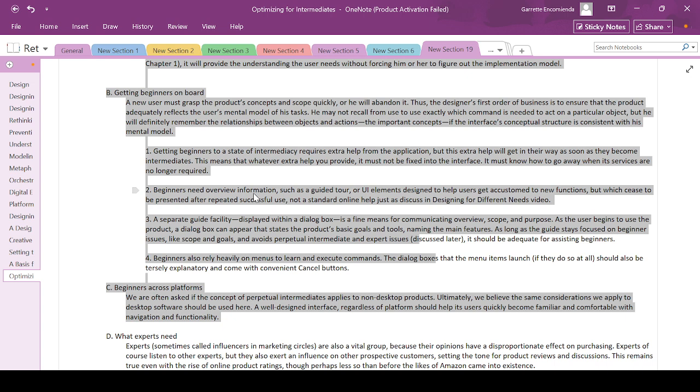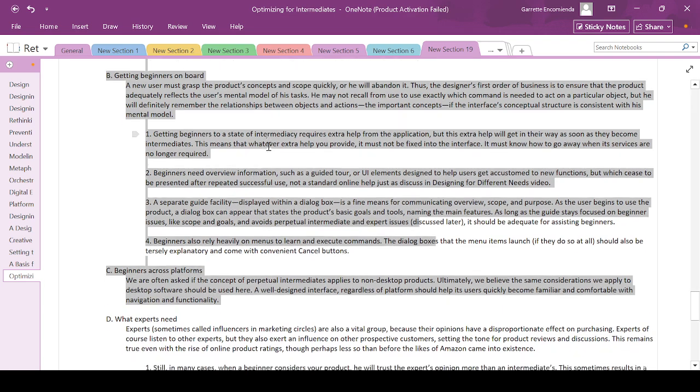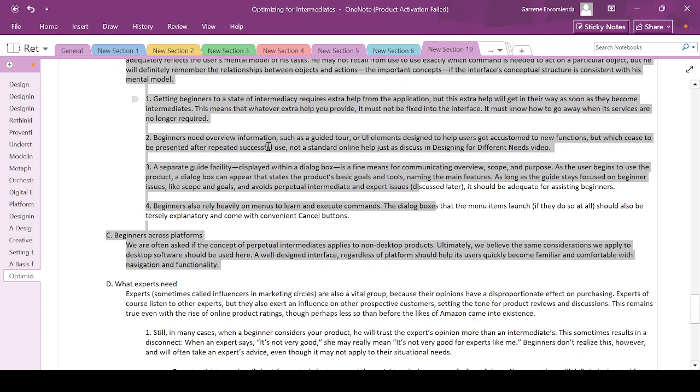Such as in games, you usually use W to walk in the front direction, and then A for left, and that is the most important concept based on his mental model. If the interface's conceptual structure or commands are consistent with this mental model, so it's kind of related as well.